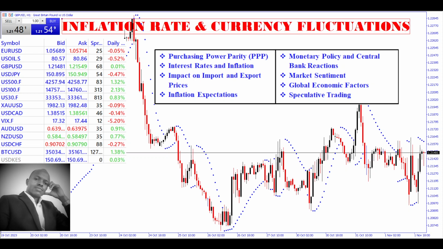The impact on import and export prices. A higher inflation rate in the UK can lead to higher domestic prices for goods and services. As a result, this can make British products less competitive in international markets.